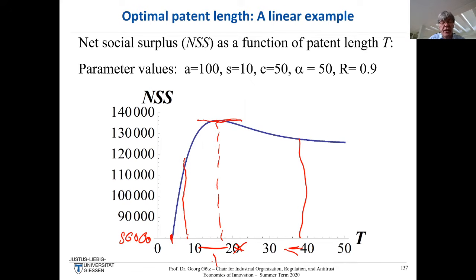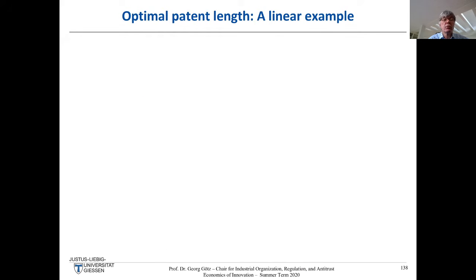You don't gain anything if you increase patent length, because you don't get many more R&D expenditures, and at the same time the value of what consumers get in, say, 40 years is rather low. That's the basic message.